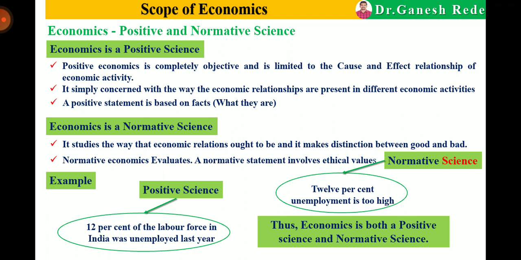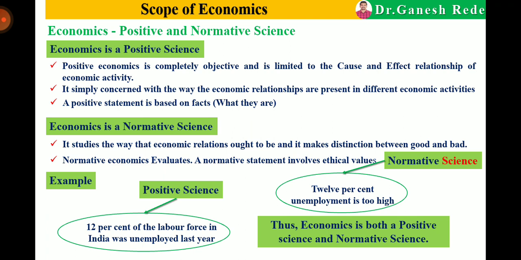Whether that 12% unemployment is high or low, good or bad, is shown by normative science. So economics is both a positive science and a normative science. This is about the scope of economics.